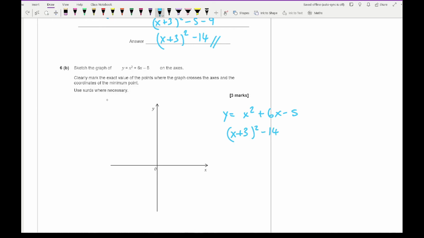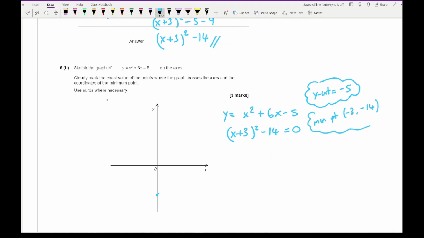Now the y-intercept is at minus 5, so I know it's going to be somewhere here. What I need to do is find out what the roots are, so to find out the roots, I need to make it equal to 0. I know that the minimum point is going to be at minus 3, minus 14.